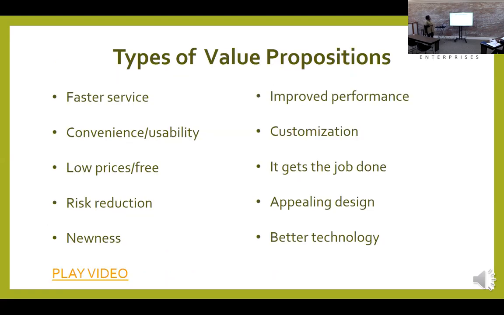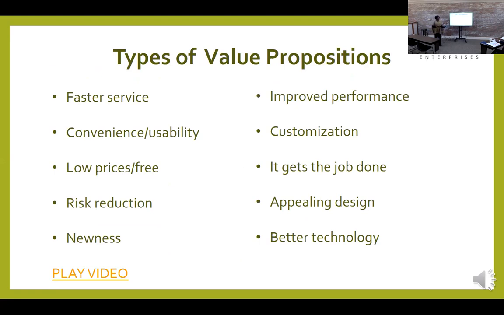So here are a few types of value propositions as you think about your problem. Maybe you're offering faster service. Maybe you're offering convenience or usability. Maybe you offer low prices or something free. People like free, people like low prices. Maybe you are reducing risk for someone.